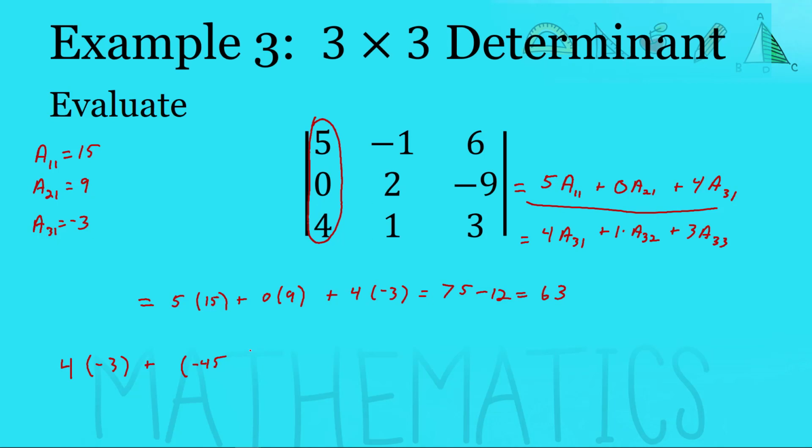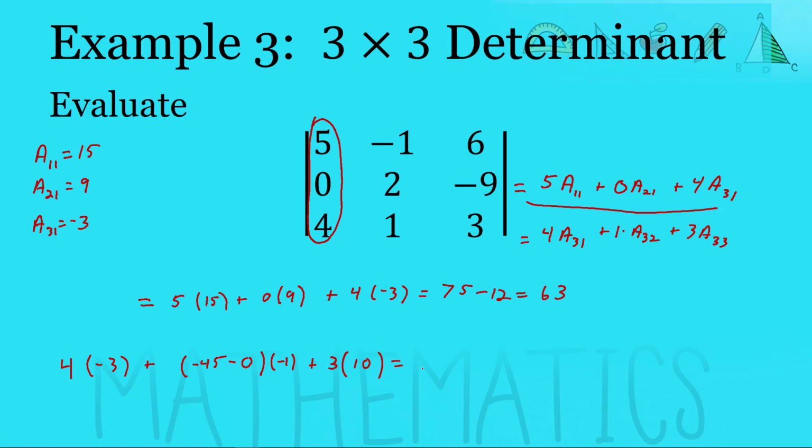Minus 0, and that's going to also be times negative 1, since we have (-1) to the 2 plus 3 power, which is going to give us negative. And then plus 3 times 5 times 2, which is 10, minus 0 times negative 1, which is 0.